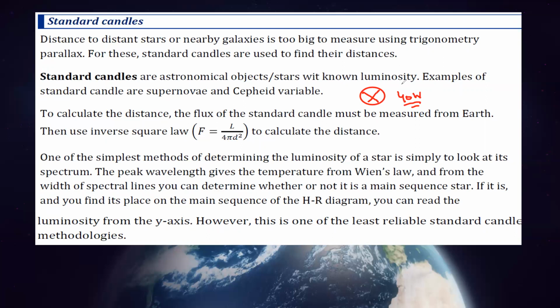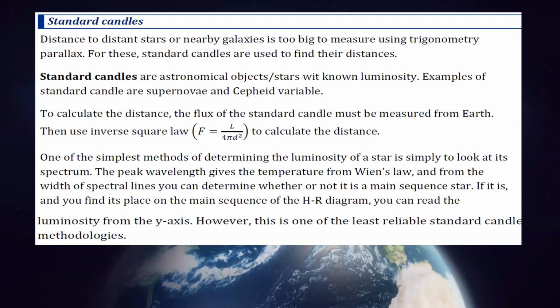So if we know the power of the luminous object, then we say it is a standard candle. So stars, we consider them as standard candles and use them, like we know their luminosities, and if we know the flux and we know the luminosity, we can work out the distance between the star and the object.